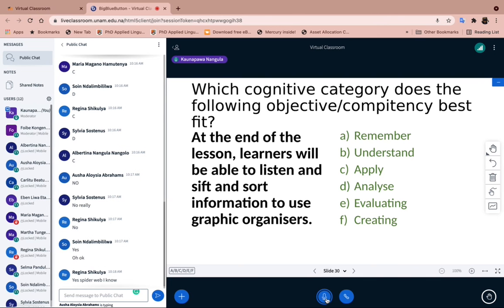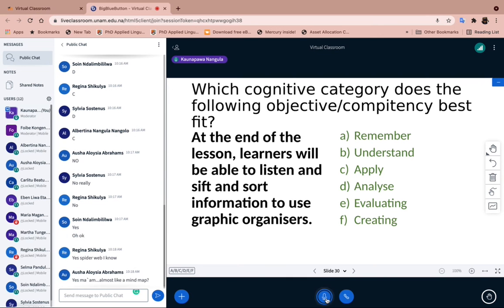Let's say you have got an essay on COVID-19, right? Yeah, mind map. Yes, basically, yes. A mind map is part of the graphic organizer.